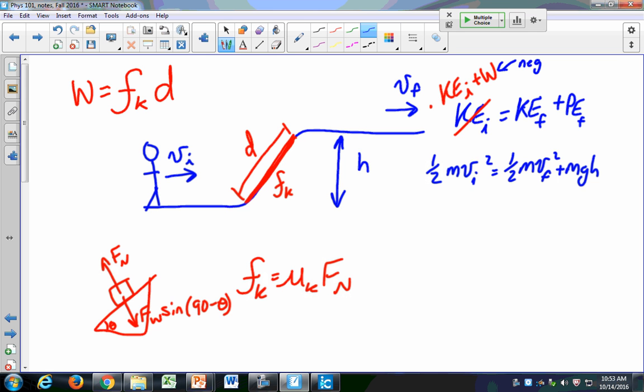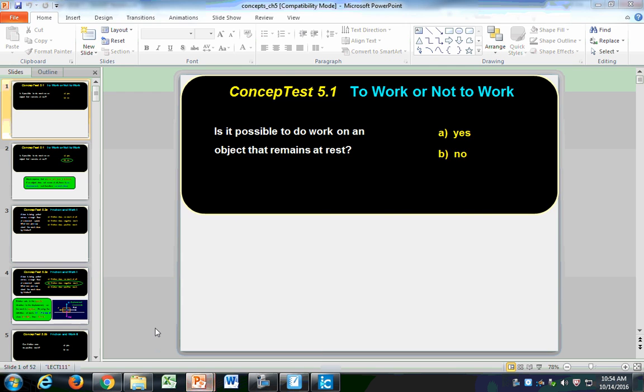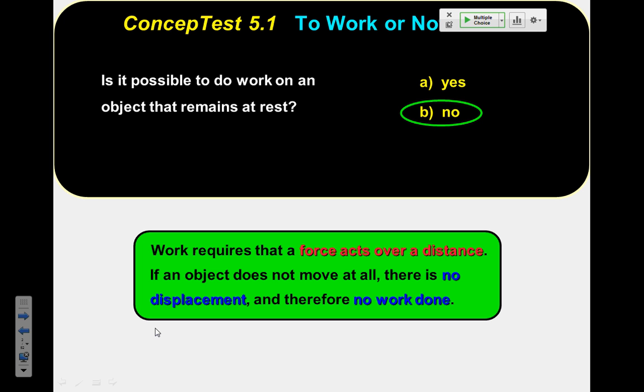We have a couple more concept test questions from last time. We didn't wrap up last week, if I recall correctly, or I don't know, last time we were Wednesday. Somebody tell me where we left off here.